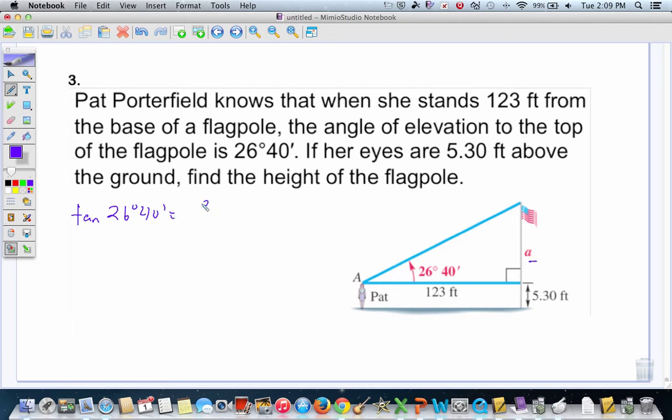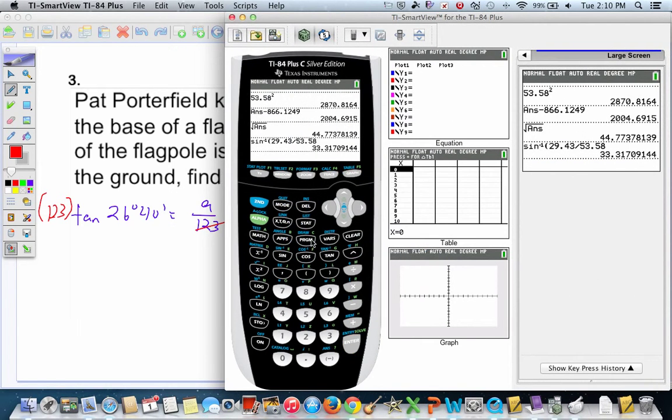So the tangent of 26 degrees and 40 minutes equals side A over 123 feet. That will allow us to solve for the length of A. When we get that, we'll add 5.3 feet to it. So I will multiply both sides by 123 so I can get A by itself.